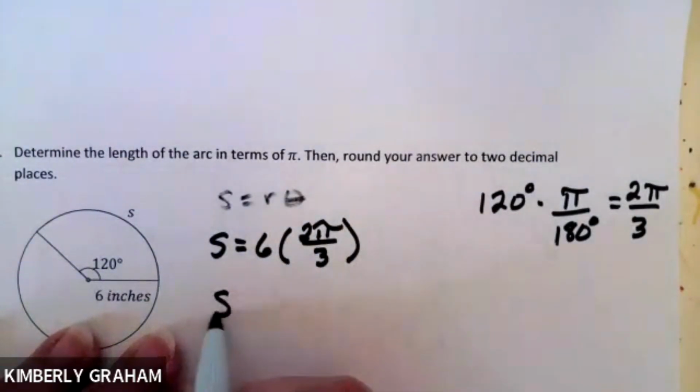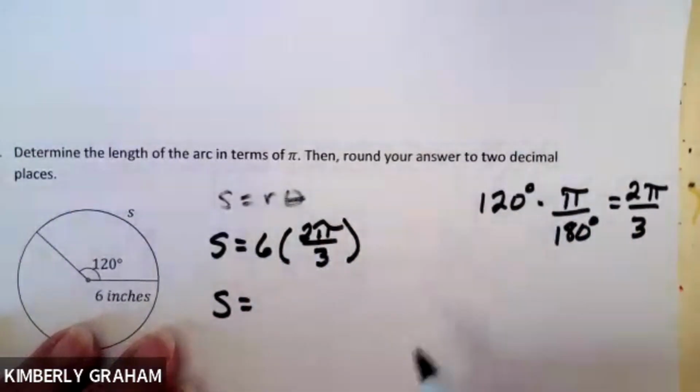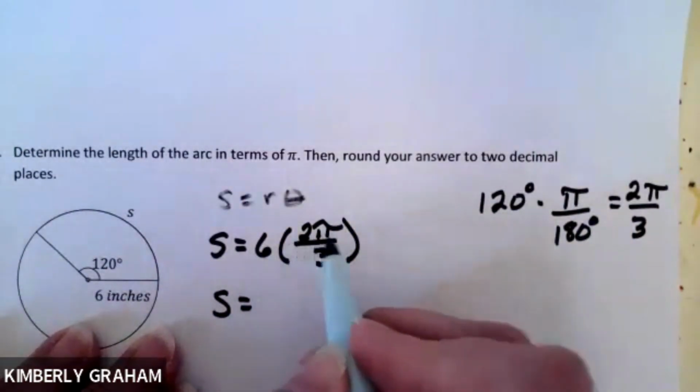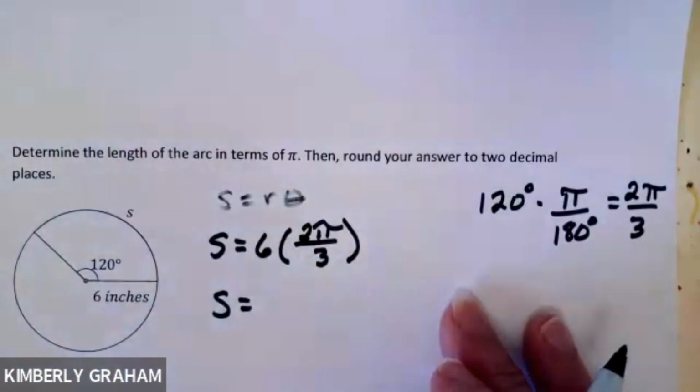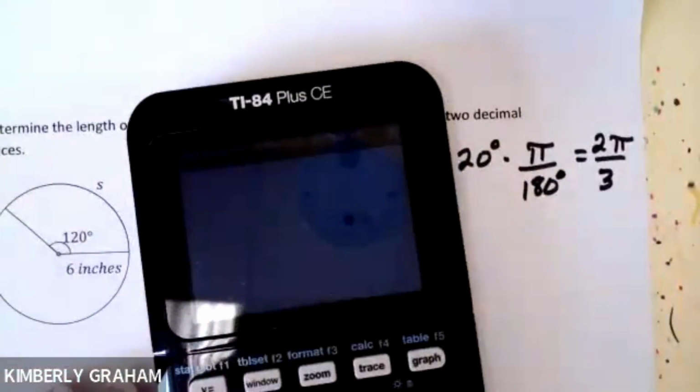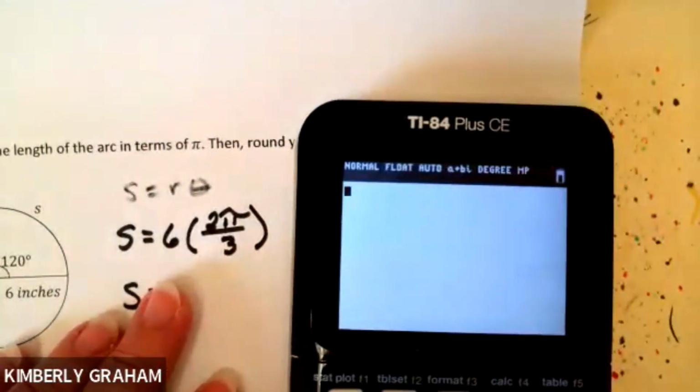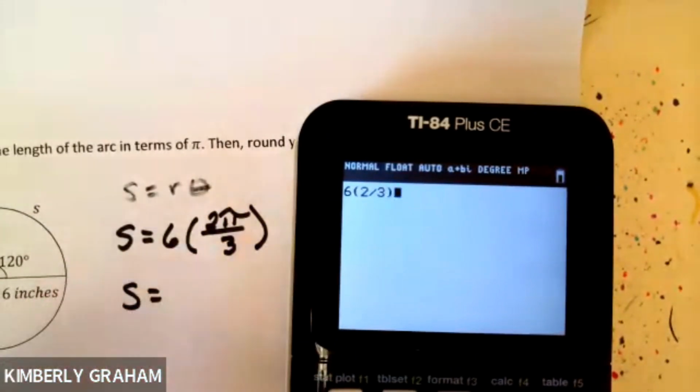I can put this into my calculator, 6 times 2/3. And if you have a graphing calculator like this, I would put this in my calculator as 6 times 2 divided by 3. If you want to use that fraction template, you can. To me, it's easier just to put it in as a division problem. And if it ends up being a decimal, then you would press math and then enter twice to change from a decimal to a fraction.